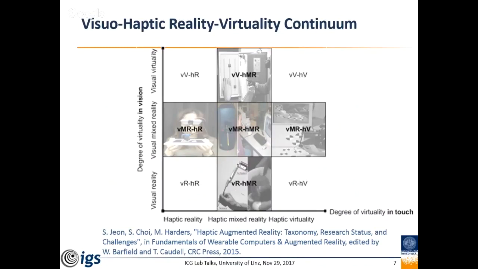And according to this, you can also classify different systems. Depending on whether it's only real feedback, in the sense of touching real objects, or fully virtual computed haptic feedback, or a mix of that, they will be in different regions of this graph here.